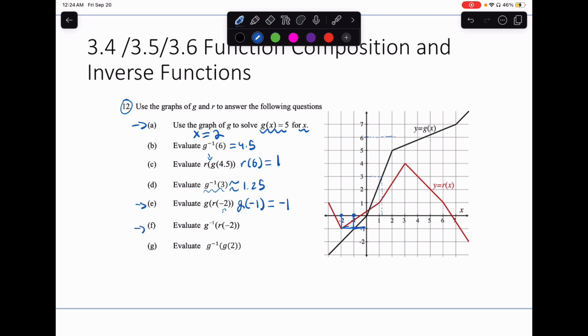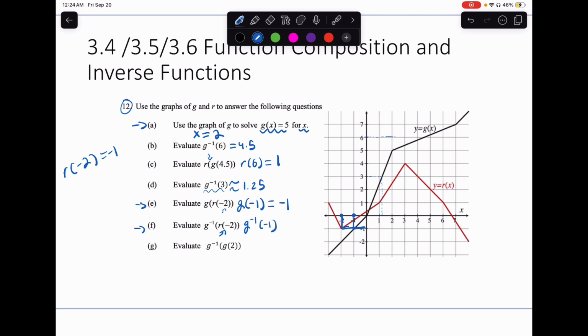Now for F, it says evaluate g inverse of r of -2. Again, we work from the inside out. So r of -2, let's figure out what that is first. I'm going to write it on the side. We found that earlier, right? That's just going to be equal to -1. So now g inverse of -1.